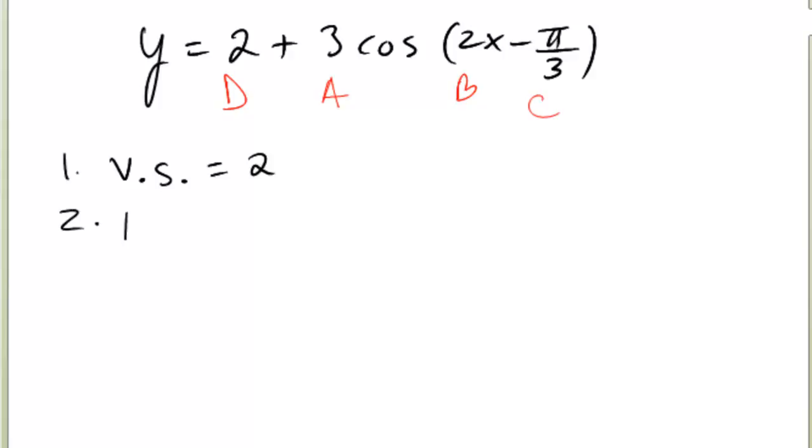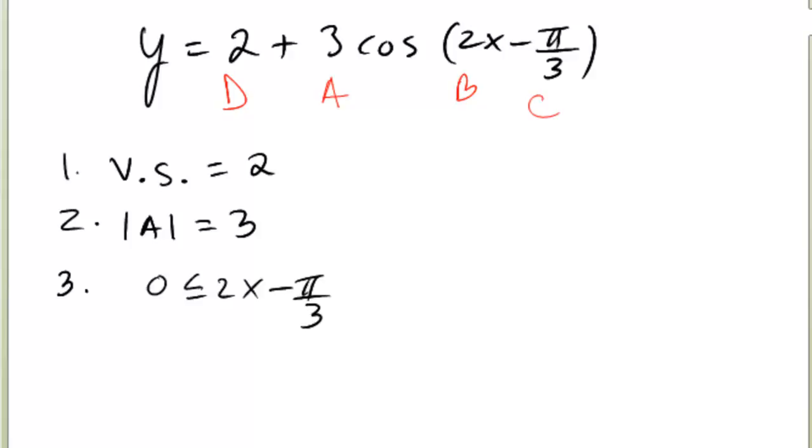Alright, then I look at my amplitude. The amplitude is going to be the absolute value of A. In this case, it's 3. Now we want to figure out where the cycle starts. So we can solve this inequality, 0 less than or equal to 2x minus pi over 3.